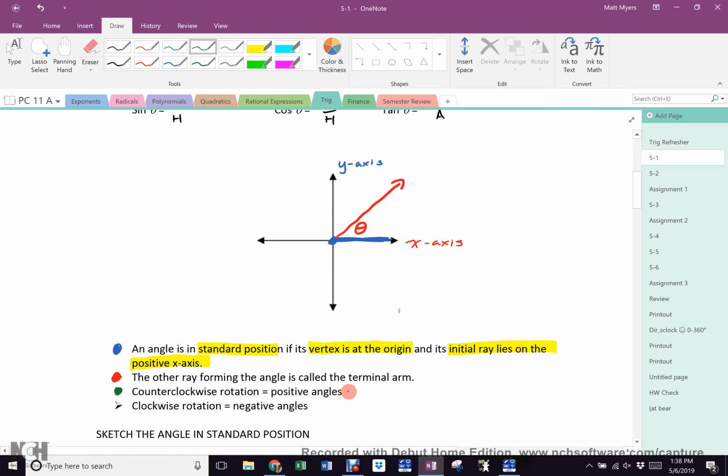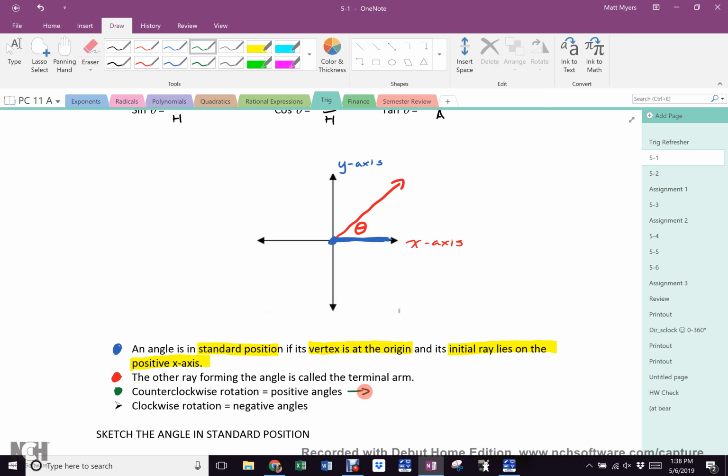Counterclockwise. Where do you think we start counting from? If the initial arm is on the x-axis, what does that mean? If I tell you the initial name on my class list is Jack Anderson, what does that mean? First. So the initial ray must be the first ray, yes?